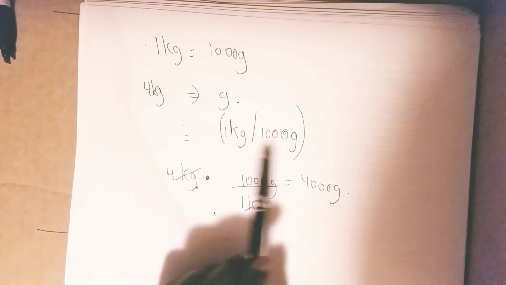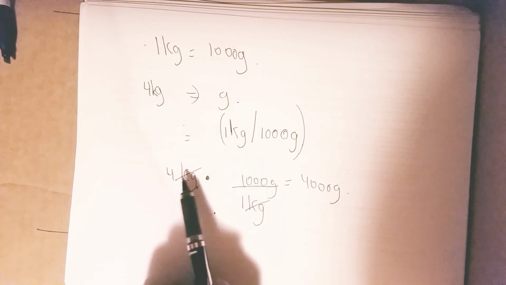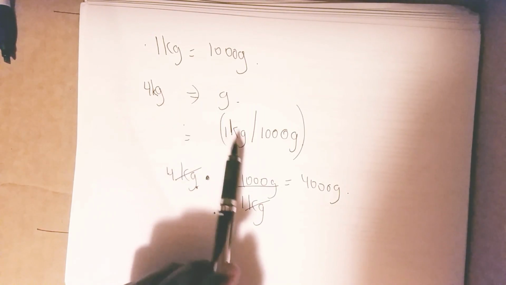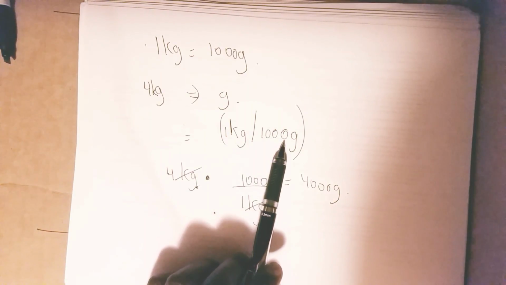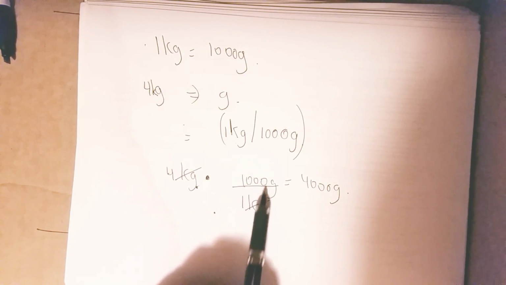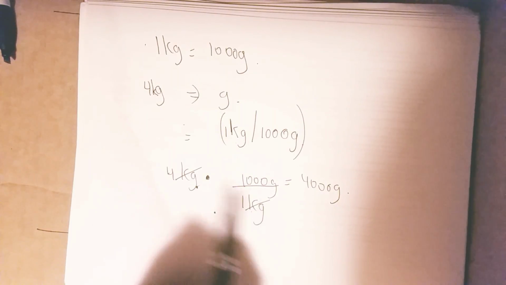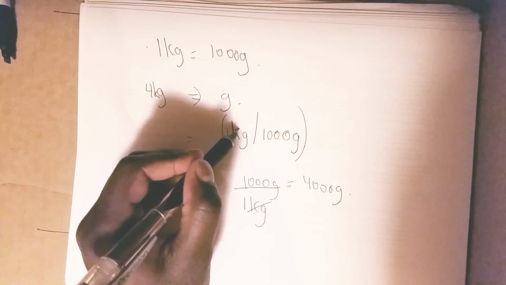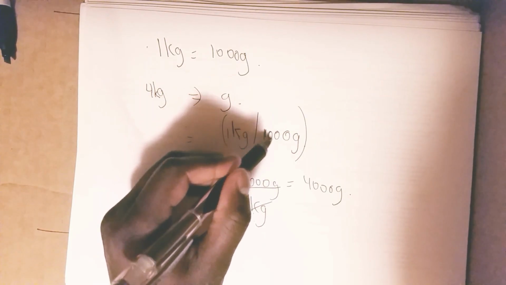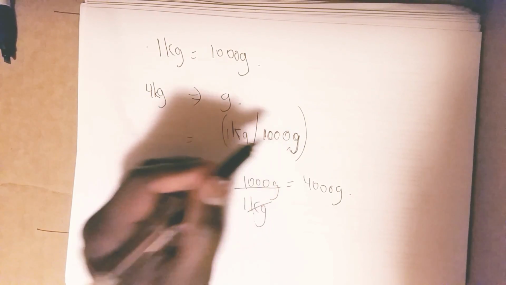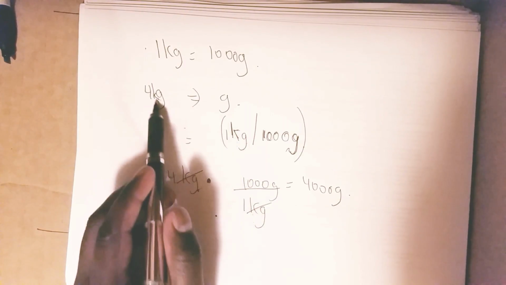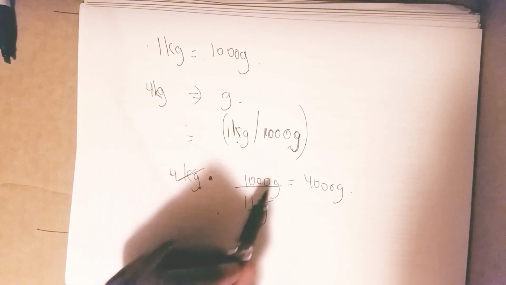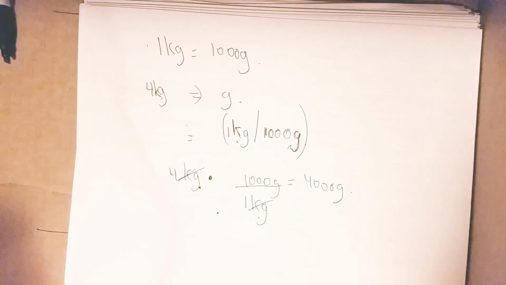If you form a ratio that lets you cancel the given unit, you can convert. So the key is to put the kilos at the bottom to cancel, and then you find the grams.